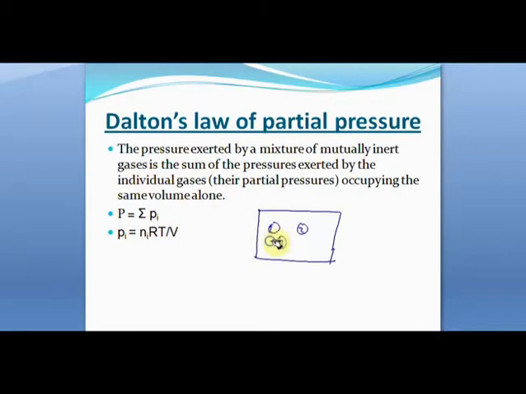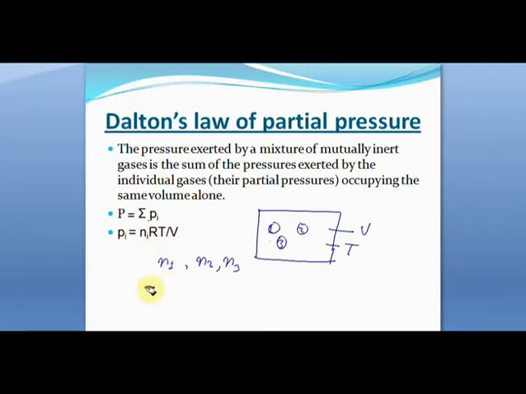So the total pressure exerted by this mixture would be the sum of the pressure exerted by the individual gases occupying the same volume alone. Now let's say that the volume of this container is V and the temperature at which this mixture is kept is T. Now let's say that the number of moles of gas 1 is n1, that of gas 2 is n2 and that of gas 3 is n3.